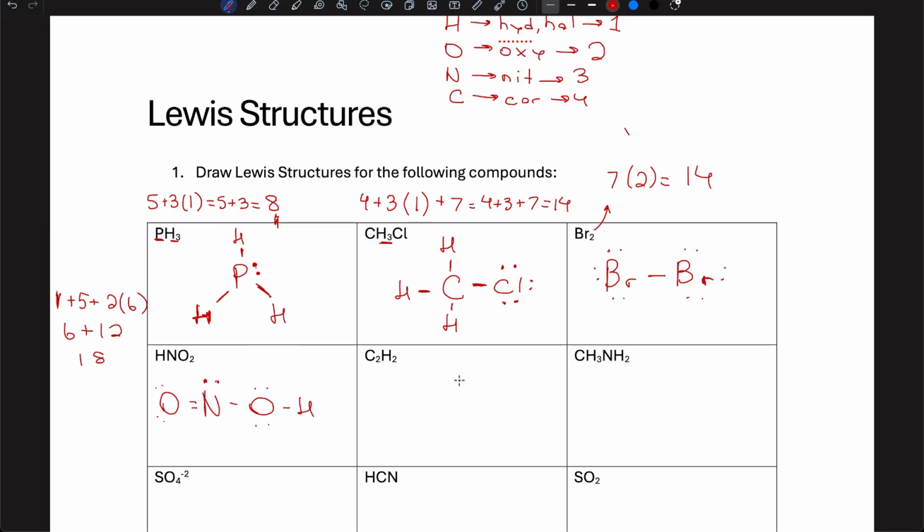The next problem, C2H2. Each carbon has 4 valence electrons. We have 2 of them. And each hydrogen has 1 valence electron. So this adds up to, let's see, 8 plus 2, 10 valence electrons total. Once again, we don't have a central atom, obviously, because we have 2 of each.